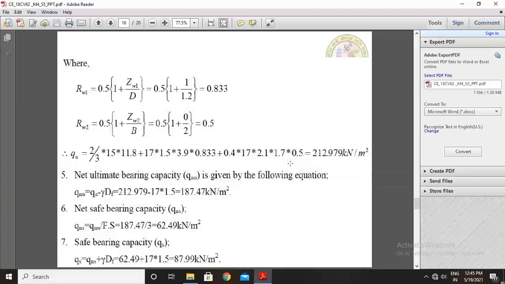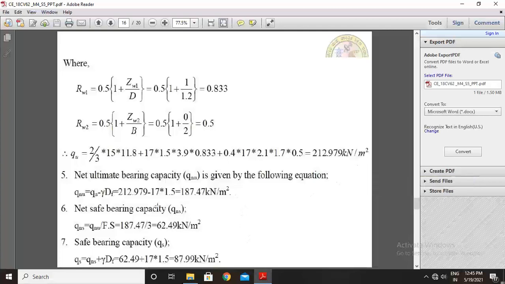So now we are getting the answer 212.979 kilonewton per meter square. So here 0.833 and 0.5 are the water reduction factors Rw1 and Rw2. So finally we are getting 212.97 kilonewton per meter square.